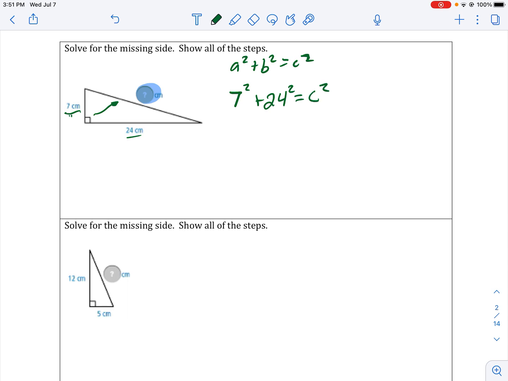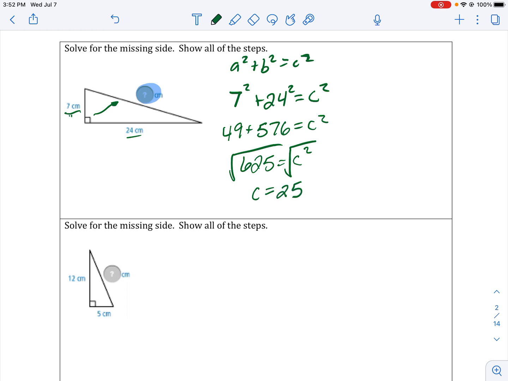If you put 24 in for A and 7 in for B, you're still going to get the same answer. That is okay. So now I'm going to square these numbers, and then I'm going to combine my like terms. To undo something squared, the inverse operation is to square root. What I do to the right, I also do to the left, and my hypotenuse equals 25.